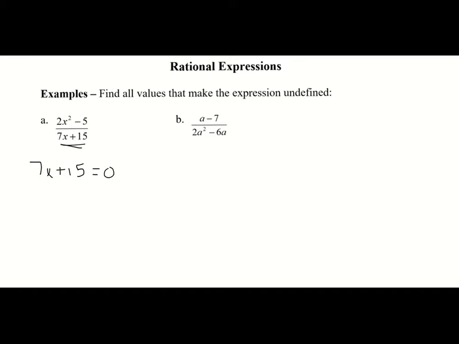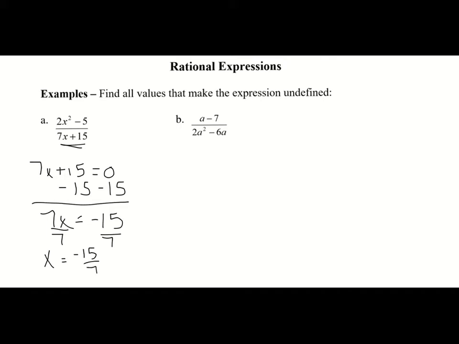This is a linear equation, so I'll just start by subtracting 15 from both sides. So right now I have 7x is equal to negative 15, and then I'll divide by 7. So x equals negative 15 sevenths.